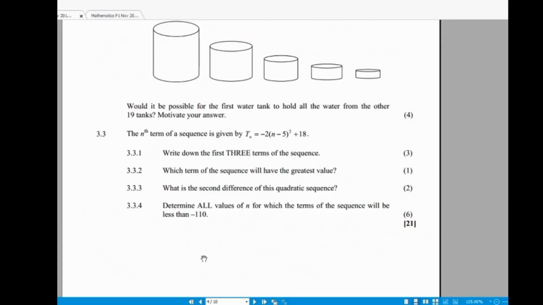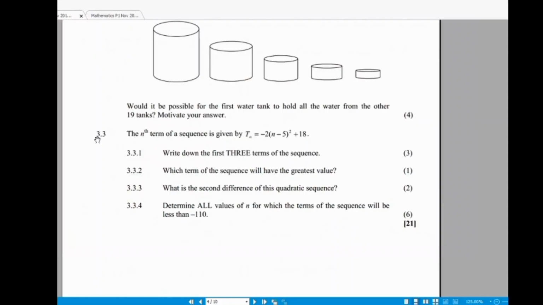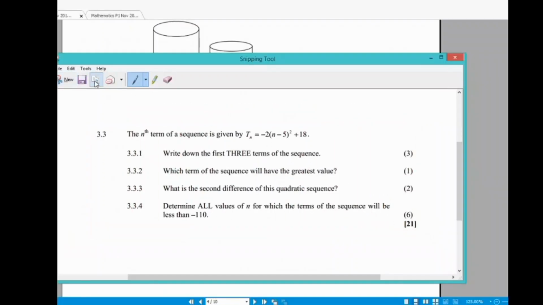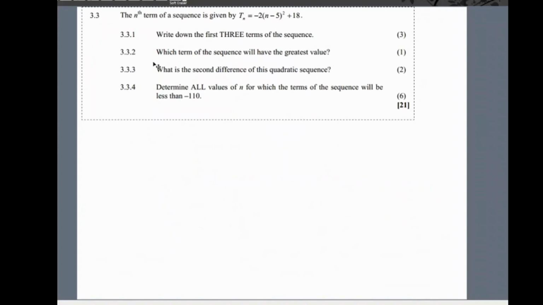Okay, so 3.3, we have a formula for Tn here. So 3.3, the nth term of a sequence is given by this.